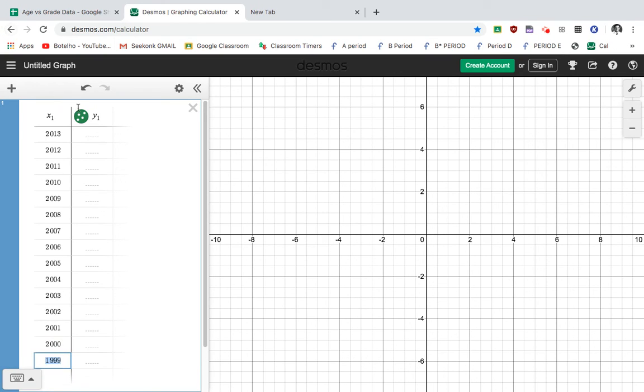Let's go in order, right? 13 all the way down to, no, it wants us to put 1999, but I'm not.